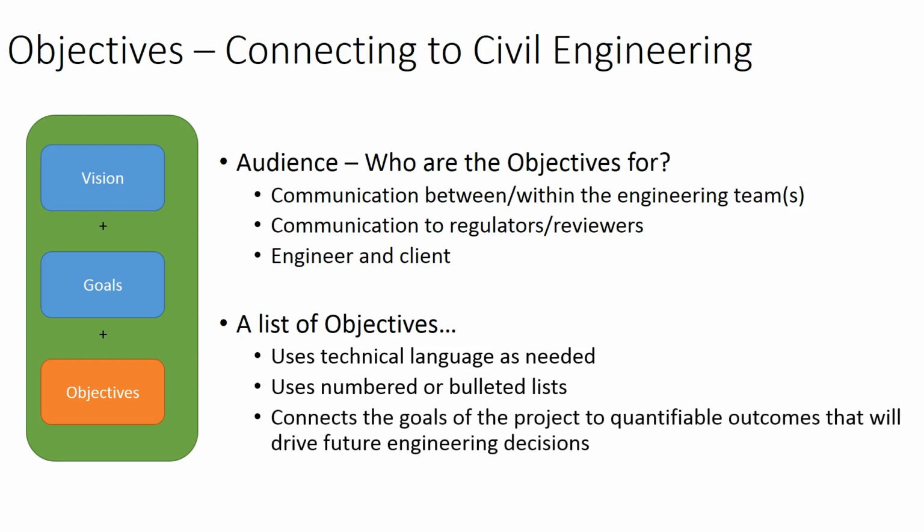And finally, make sure that whatever goals of the project were identified in the previous step are now tied to something quantifiable, something that both the engineers and the client can use to measure the impacts or the outcomes that the project is going to have. And these are going to be the objectives that ultimately drive all of the engineering decision making.